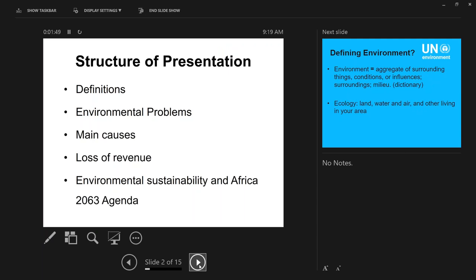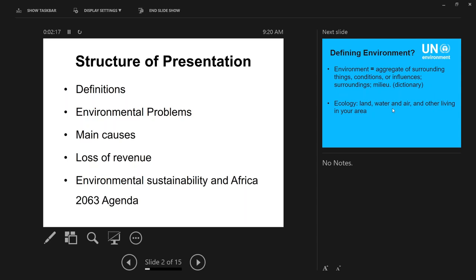Okay. So, definition. I'd like to provide a definition of environment and environmental sustainability. Environment is defined as the aggregate of surrounding things, conditions or influences, what surrounds us.